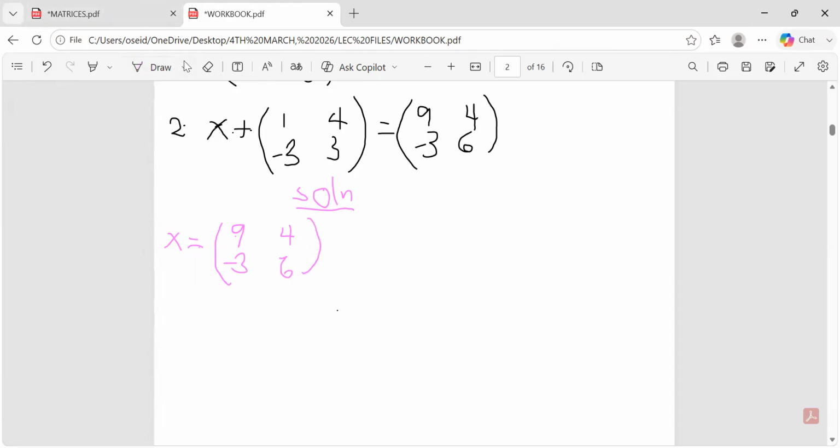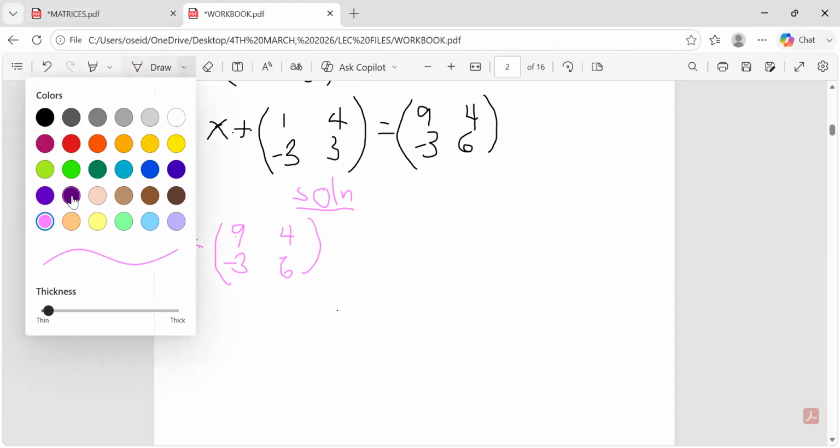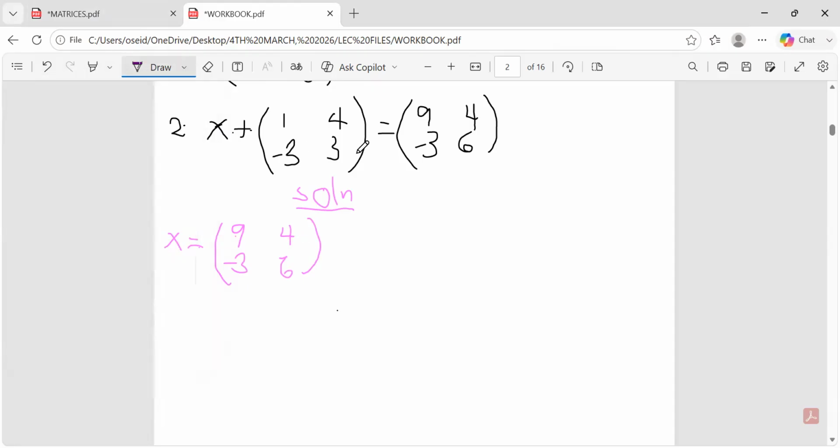This one, it was crossing what? It was positive and it crossed the equal to, it becomes negative.